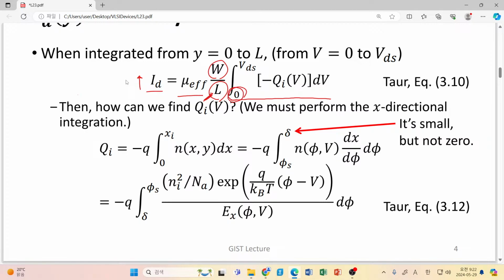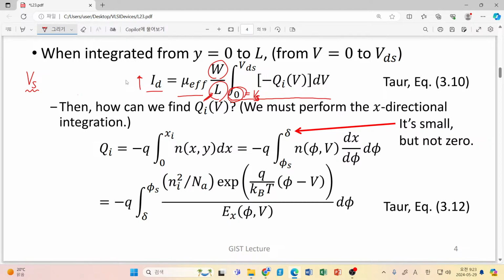Because we assume the source contact is grounded, and here what we have to use is the quasi-Fermi potential of the source side. But you know that the quasi-Fermi potential at the source side is identical to the source voltage itself. Since the source is grounded, now we have this 0.